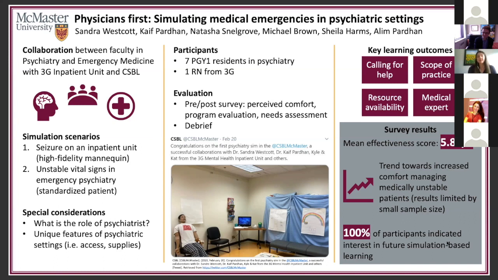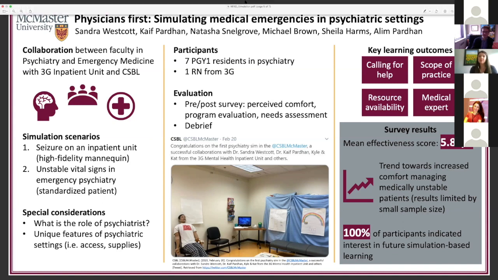Some of the key things that have come up are adverse medication reactions, like lithium toxicity, serotonin syndrome, and intoxication, intoxidromes is another one. Managing code whites, and also managing some of the medical emergencies that do come up in psychiatric settings once in a while, like ligatures and self-harm events, have been explored previously by other groups and are things we have identified. There seemed to be some interest on this survey that we did.